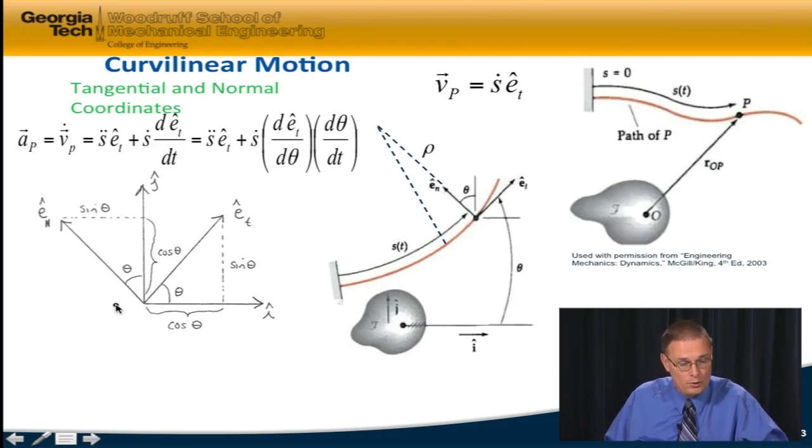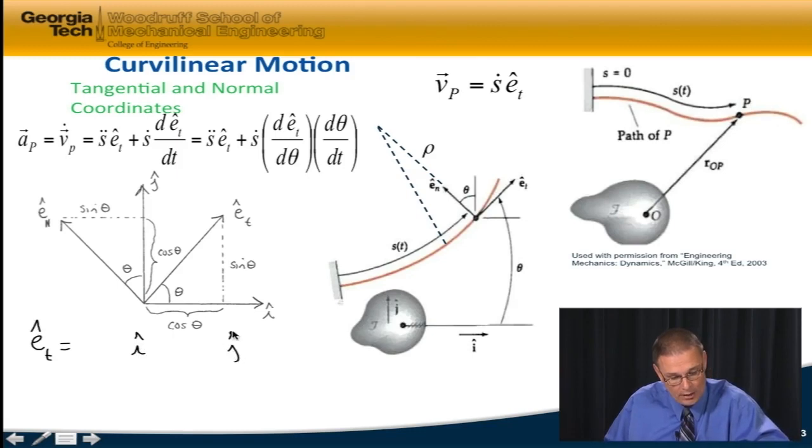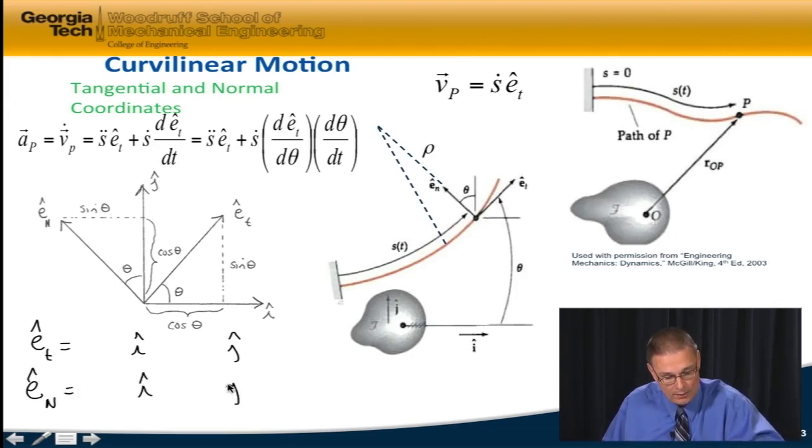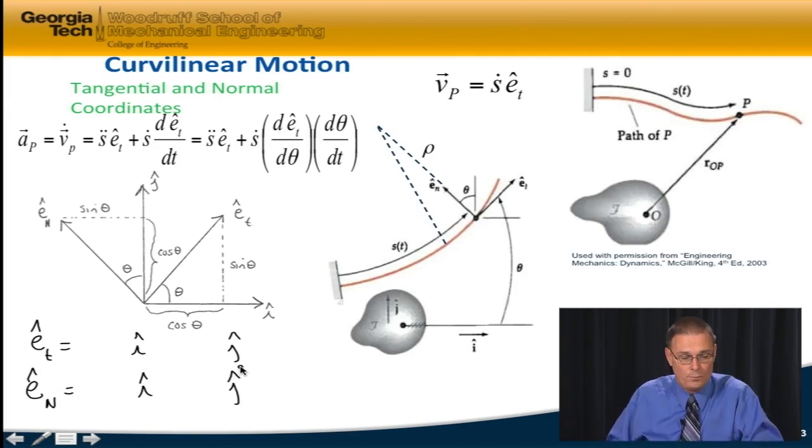And so what I want to do now is write e tangential in terms of i and j, and e normal in terms of i and j. And so I'd like you to do that, fill in the blanks here, and then come on back.